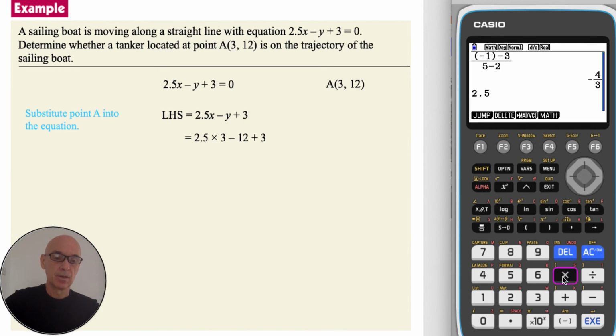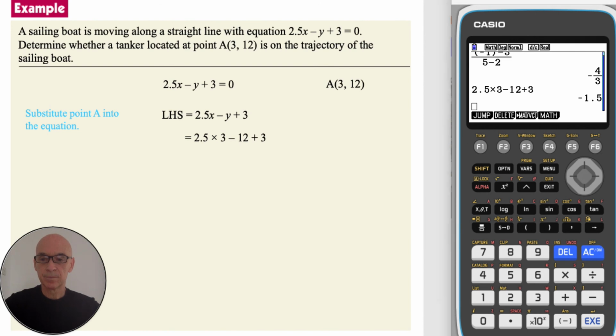2.5 multiplied by 3, subtract 12 plus 3, gives a value of -1.5 on the left-hand side. However, the right-hand side of the equation is equal to 0. If the left-hand side was equal to the right-hand side, then point A would lie on the line.